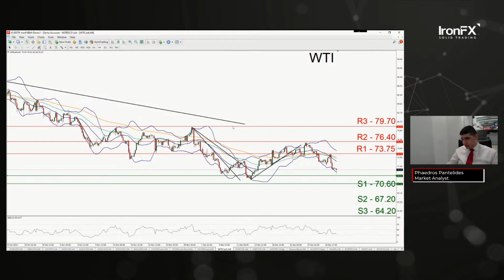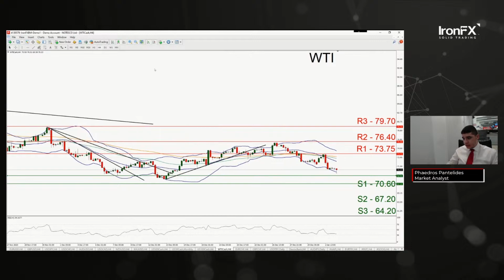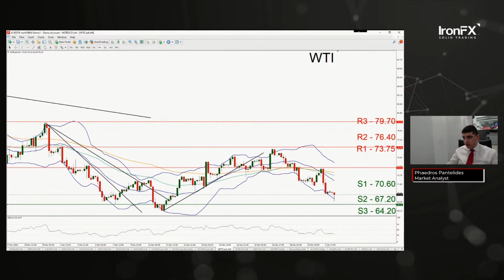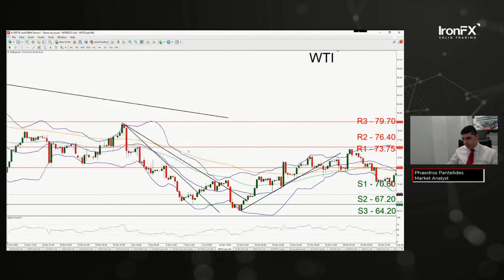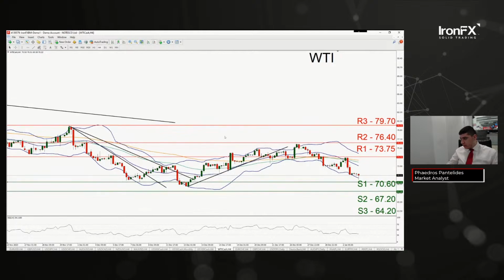So I place support, and let me just zoom in so that you can see where I'm placing my support level, coinciding with the closing of this bullish block, the opening of this bullish block, the closing of these two bearish blocks, the opening of these two bearish blocks, validated by this wick, 68.95. But then you have S2, which is very close to S1, 68.95, so that could be S1.